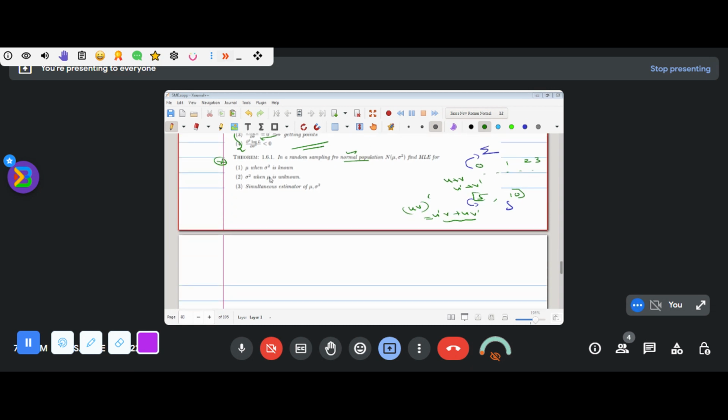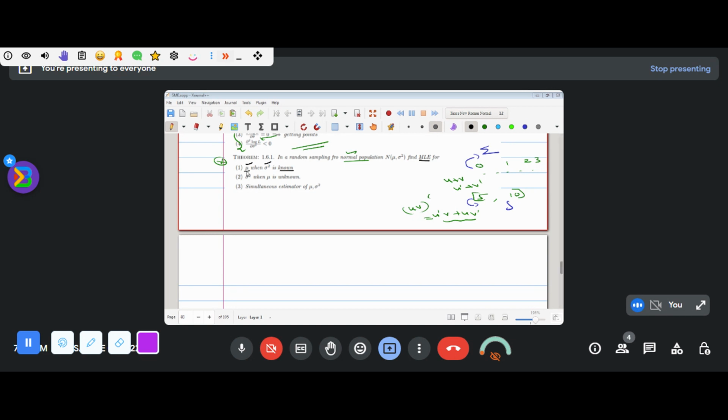So what is given here? Given that, in random sampling, the normal population formula you already know. Then find the MLE, meaning maximum likelihood estimator, for mu, the mean, and sigma squared, the variance, when the other is known.